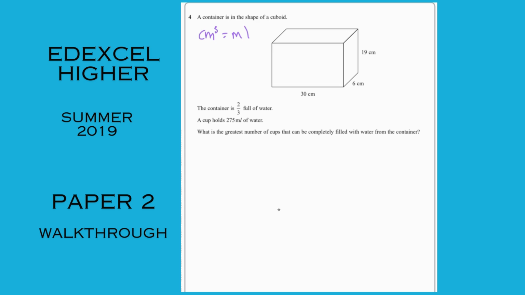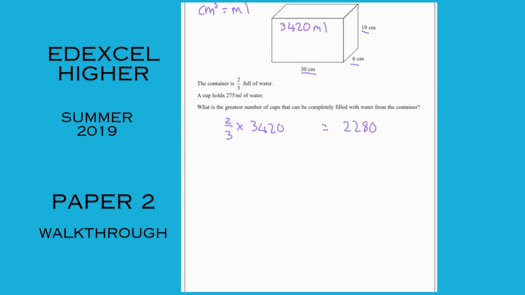So first thing I do is multiply all the dimensions. 3420 centimetres cubed, in other words, millilitres. To be 2/3 full, you do 2/3 times that number, 3,420.